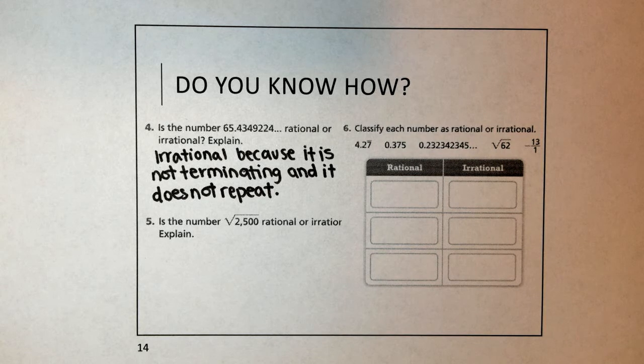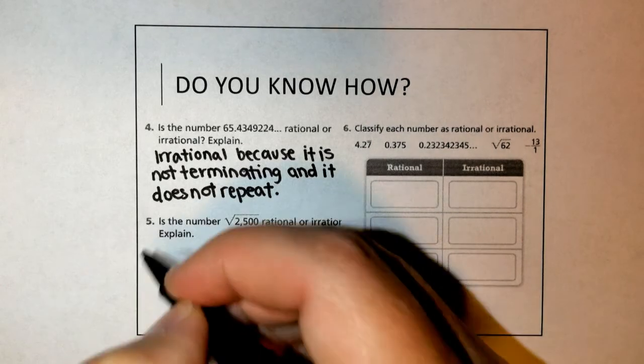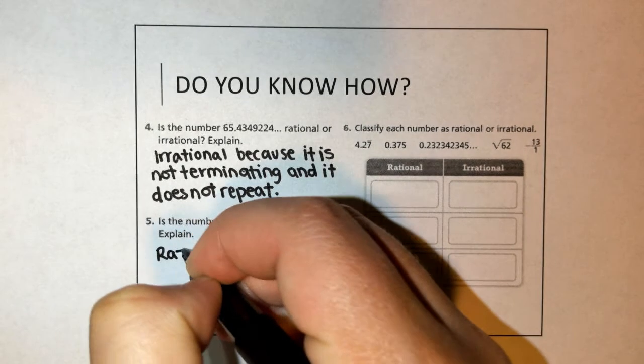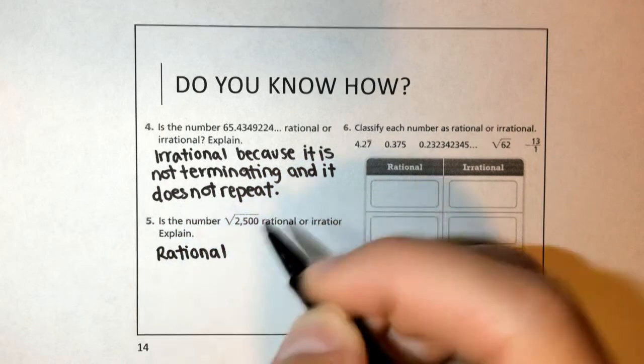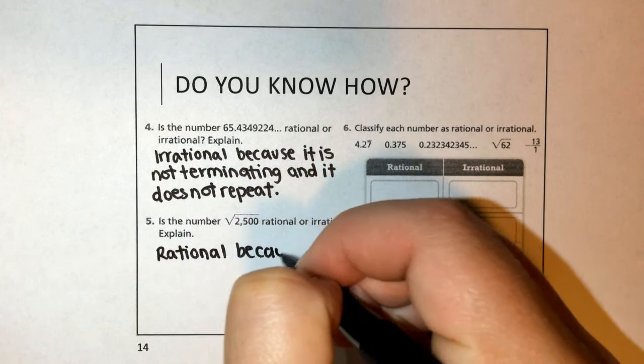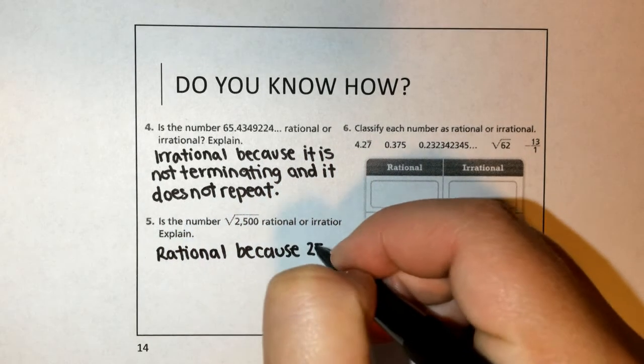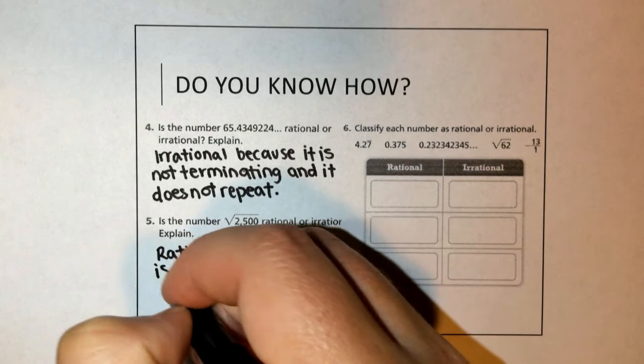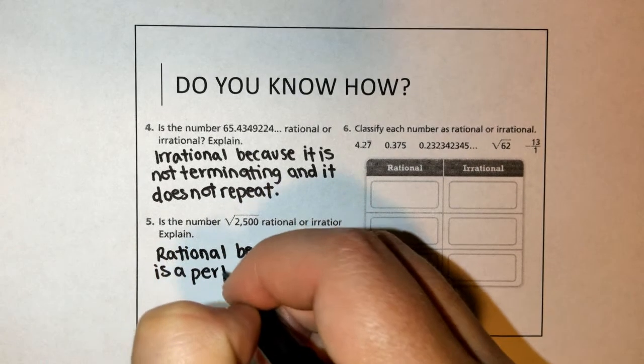The next example, number 5, it says, is the number the square root of 2,500 rational or irrational? So here, the number is rational because 2,500 is a perfect square.